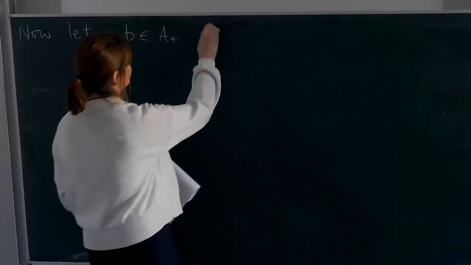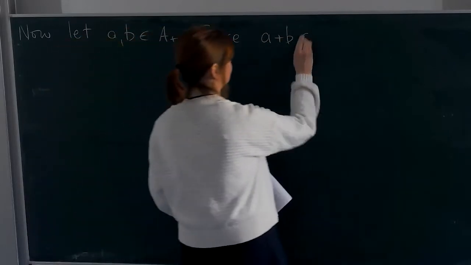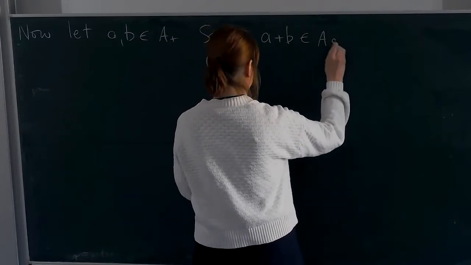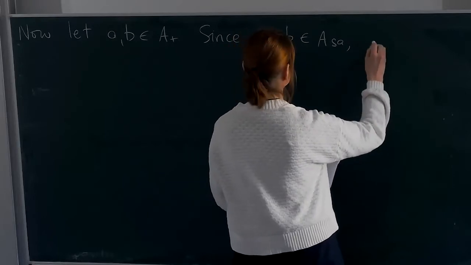Okay, so now let's take two positive elements. Well, it's clear that at least the sum of two self-adjoints is again self-adjoint. So it's normal.